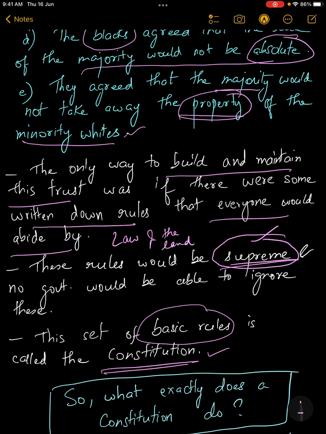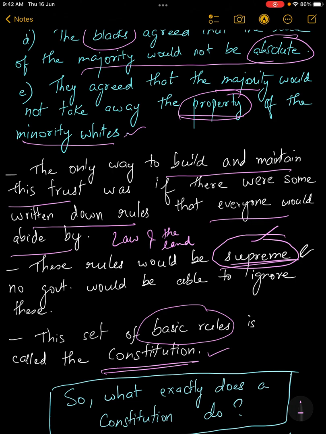There were a couple of compromises that they reached, and of course they did not make verbal agreements to each other. There was a certain level of trust that had to be built. There was a certain level of promise that had to be made to each other, and that could have only been possible through the written medium.